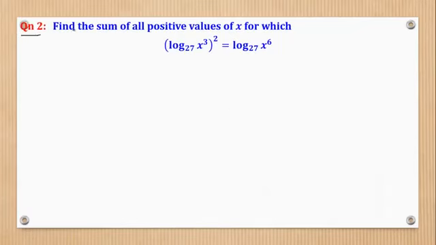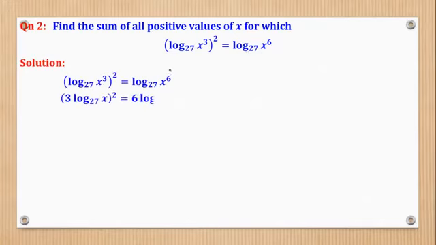Then question 2, find the sum of all positive values of x for which this is equal to this. So that is what is given. Then we can simplify a little.